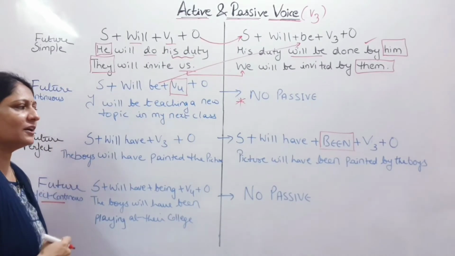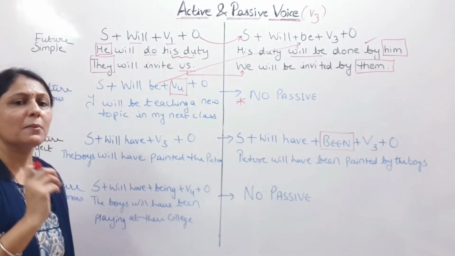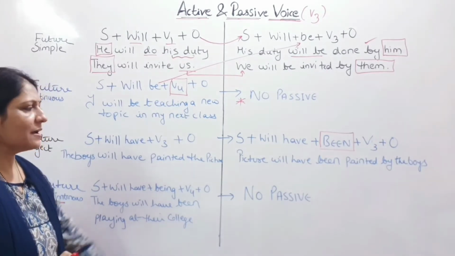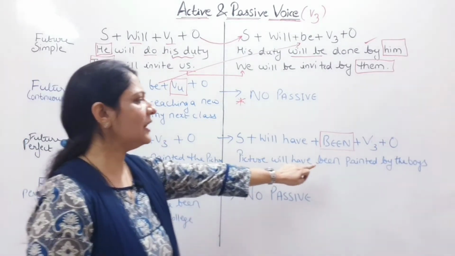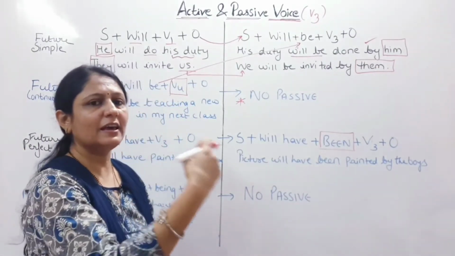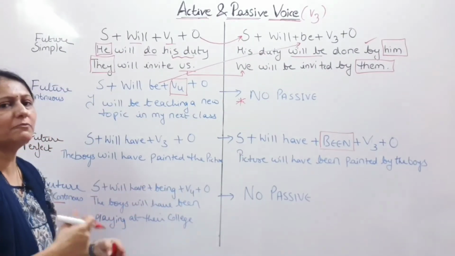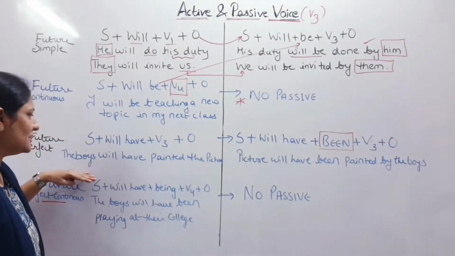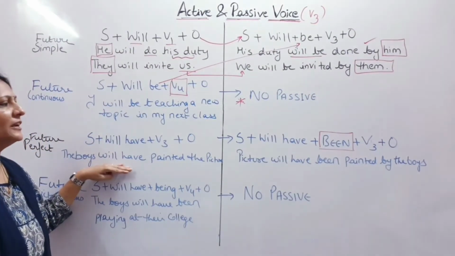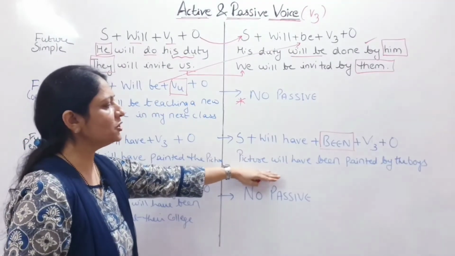Can we think of another answer? I will have completed my class. My class will have been completed by me in next 20 minutes. So, I have added the time for clarification. So, this is how the passive voice of future perfect tense is formed.